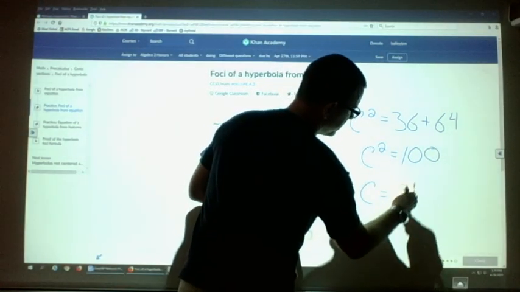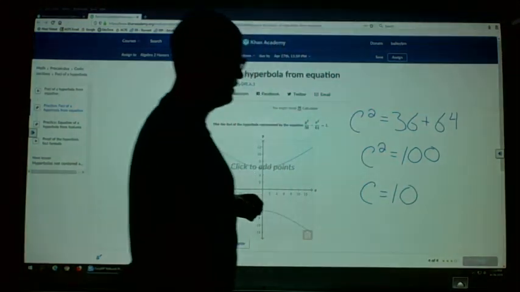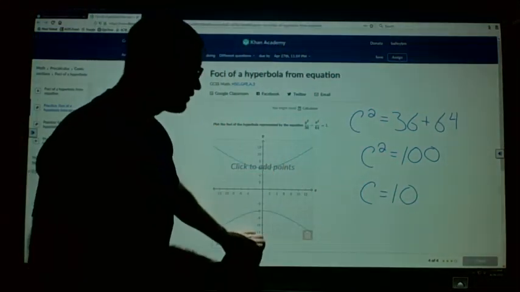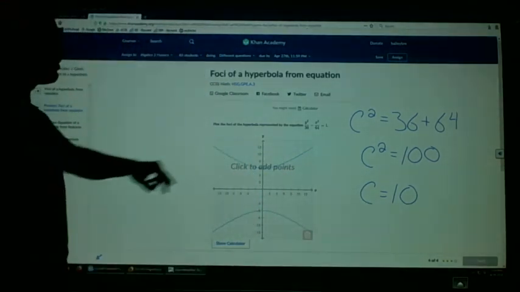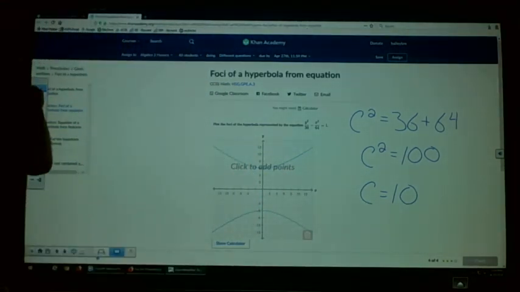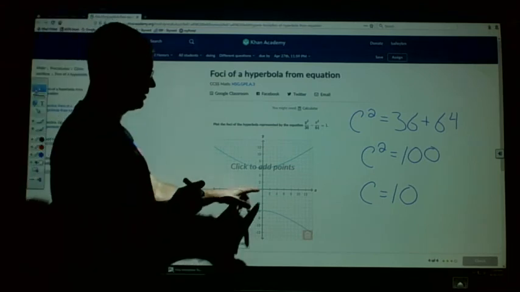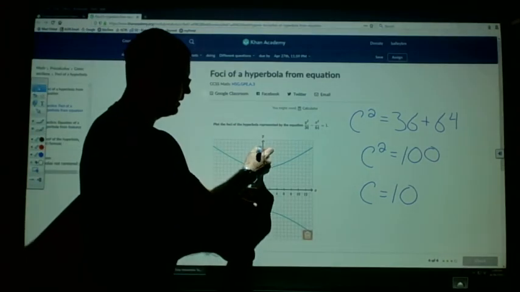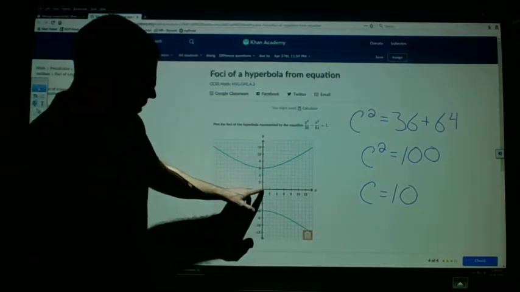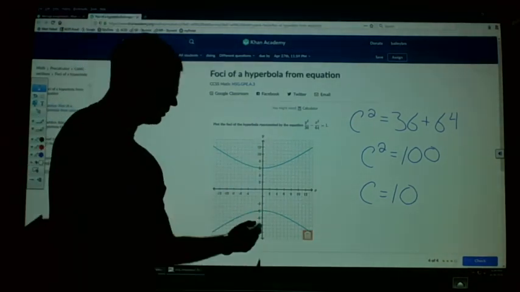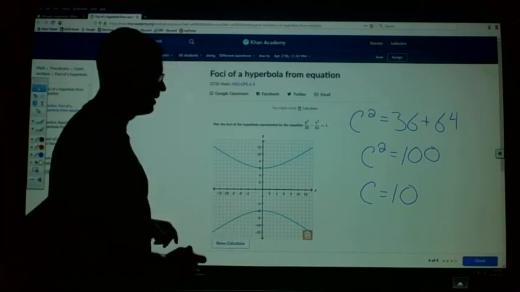Means c is equal to 10. And because my hyperbola is vertical in orientation, I need to go 10 units from the center along the vertical axis, so 0, 0, 2, 4, 6, 8, 10. Let's move that down there. And 0, 0 minus 10 in the vertical direction is going to be negative 10. So right there, and that's it.